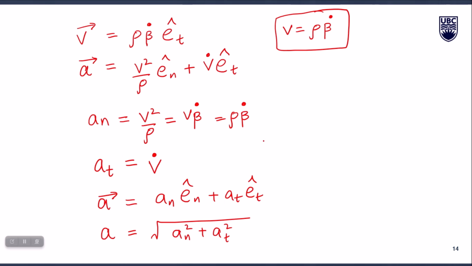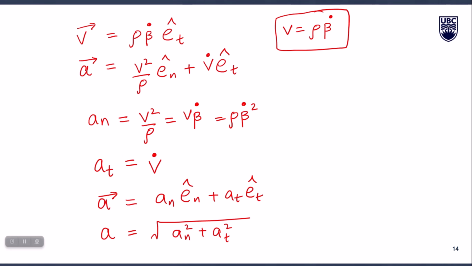Once we are able to write the velocity and acceleration in terms of n and t coordinates, we can also draw some conclusions from these relationships. First of all, it is obvious that velocity does not have any normal component; it is only in the tangent direction. So v is just one term, but acceleration has two terms, one component in n and one in t.